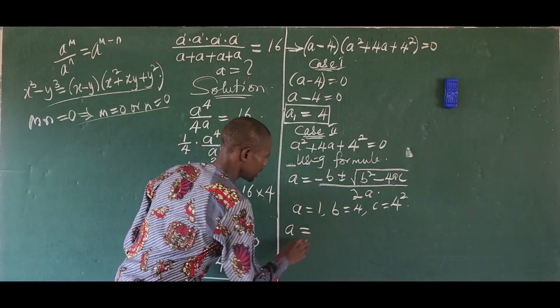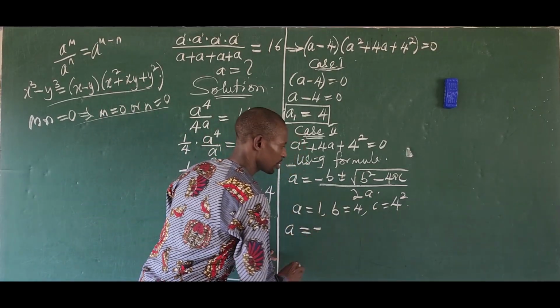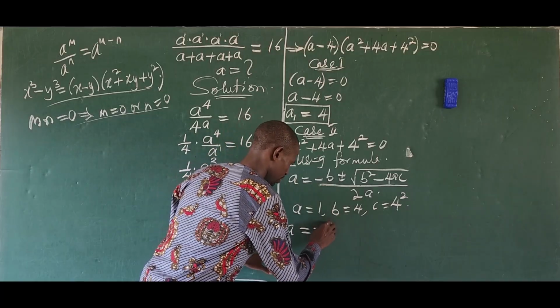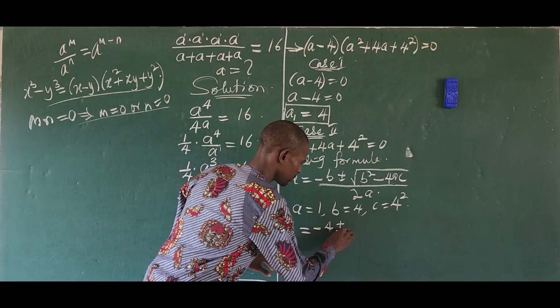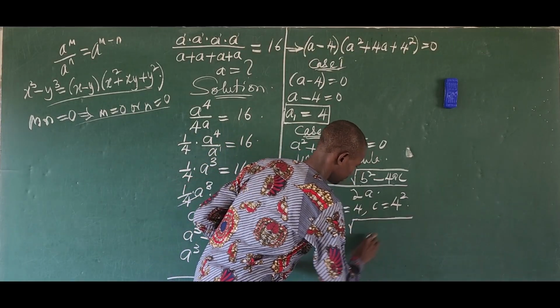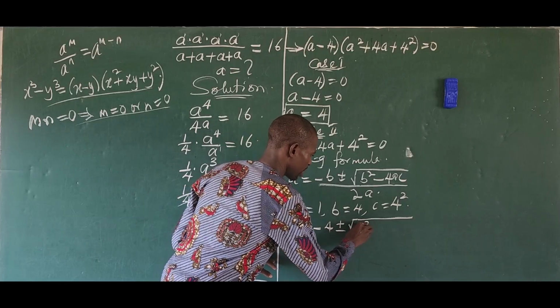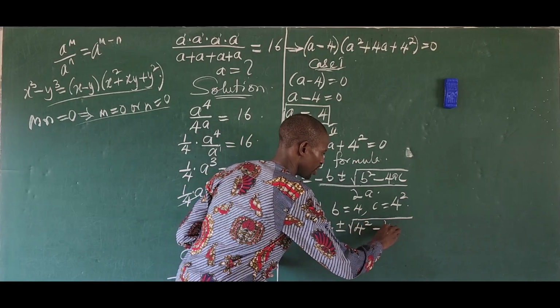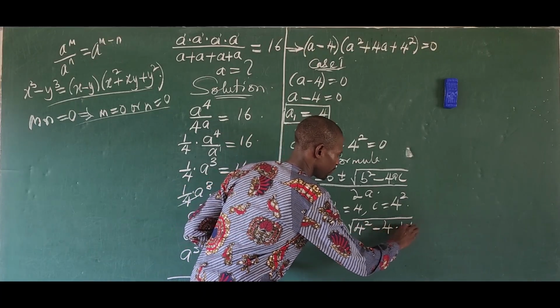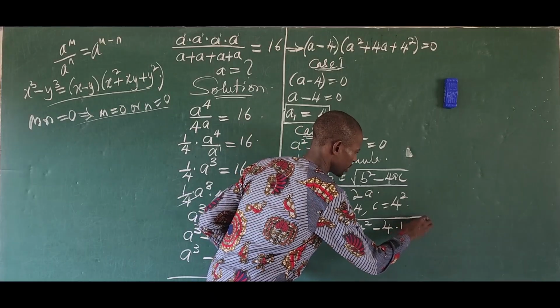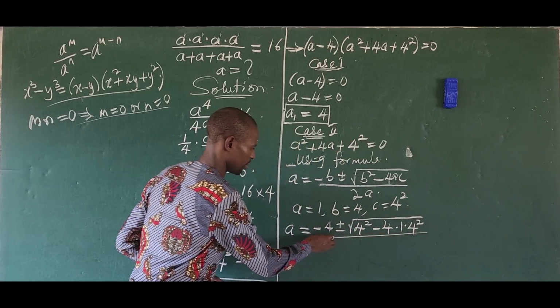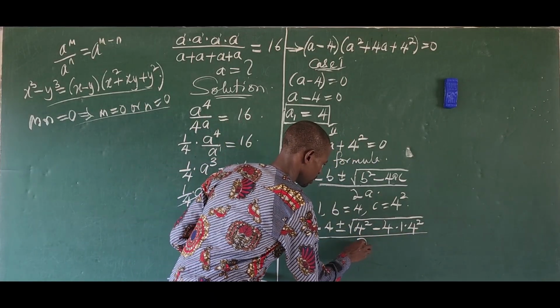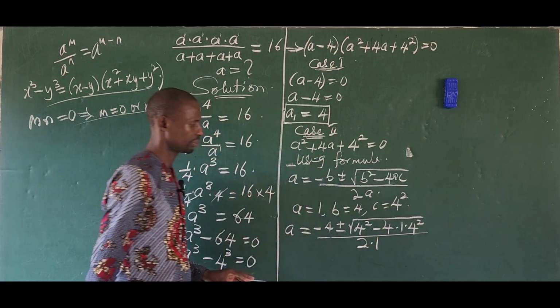We have A is equal to minus B, which is 4, so minus 4 plus or minus the square root of 4 to the power of 2 minus 4 times 1 times 4 to the power of 2, everything all over 2 times 1.